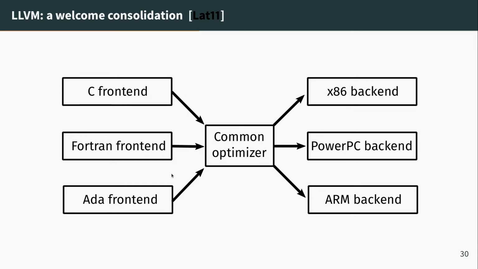So it's a way of designing compilers where first you create a language-specific front end that translates the C code or the Fortran code or the Ada code into what's called an intermediate representation. Then LLVM optimizes this intermediate representation and then performs hardware-specific optimizations at the end to produce binary code, which is going to run on x86 cores or ARM cores, etc.